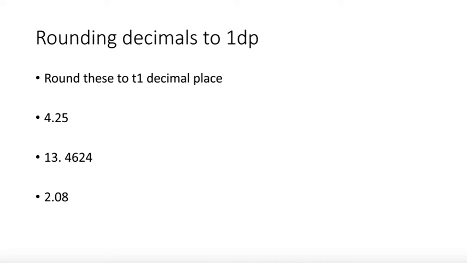Okay, let's have a look together. First one, we've got 5 hundredths, so round it up to 4.3. The next one, there are 6 hundredths, so again would be rounding up, and we round to 13.5. The next one, there are no tenths, but there are 8 hundredths, so again we'd be rounding up, and we would round up to 2.1. Well done if you got those ones correct.